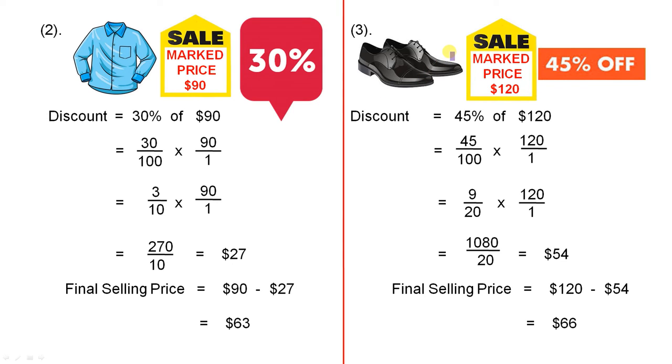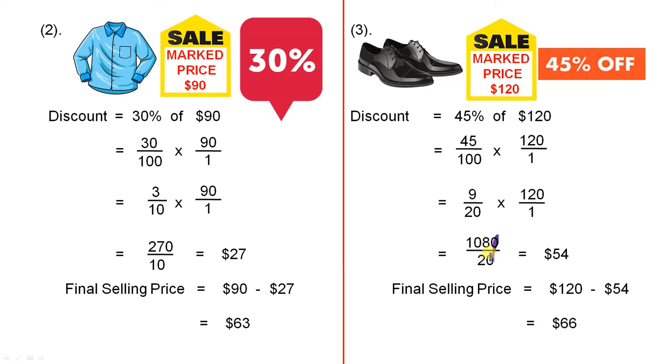Next example, we have a pair of shoes. The marked price is $120 and we have 45% off. So let's work out the discount. The discount will be 45% of 120. 45 over 100 times 120 over 1. Simplify that to 9 over 20. 9 times 120 is 1,080 divided by 20.